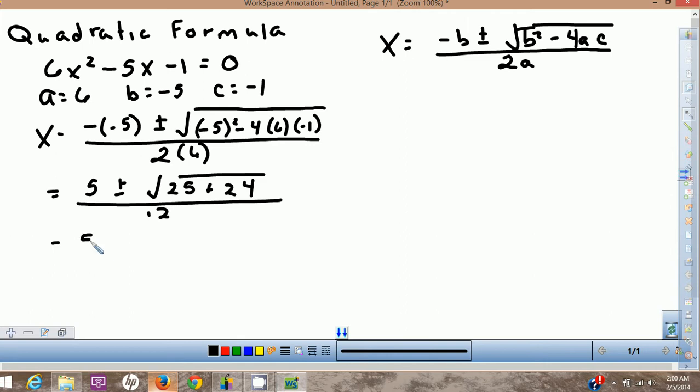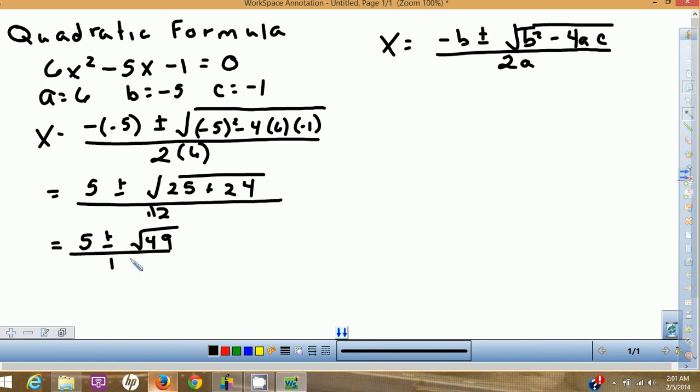Remember that you have to make sure you are putting it in with the proper parentheses so that you get the whole term. 5 plus or minus the square root of, and 24 plus 25 is 49, over 12, and then I am going to change that square root of 49 into 7, and when I do that, that will give me 5 plus or minus 7 over 12.